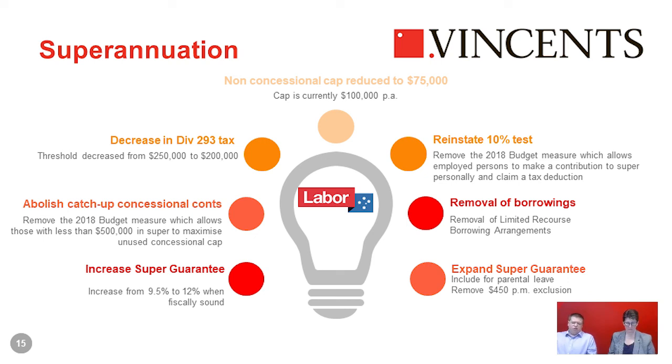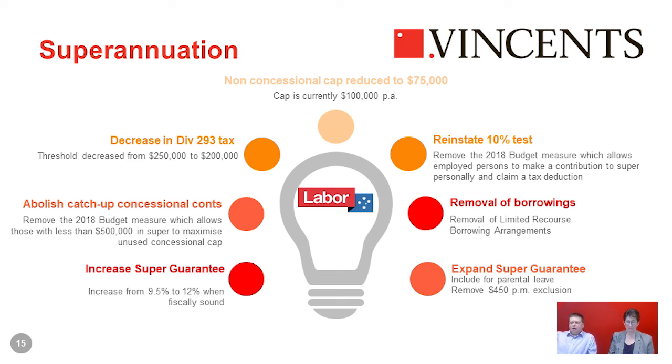But Labor have, I suppose, put it back on the agenda, saying that they do want to go there. So as far as superannuation goes, I suppose a fair bit of tinkering, if I can put it that way, but certainly not a lot of heavy detail or big issues that we need to be considering as far as the structure of superannuation itself.